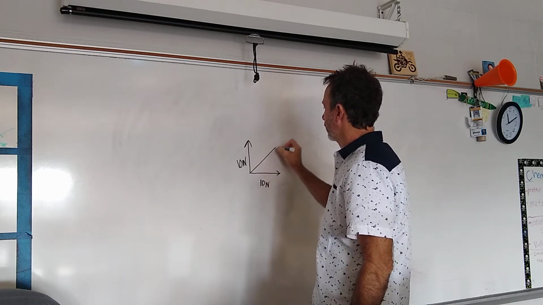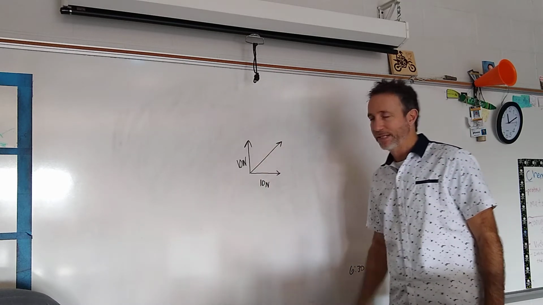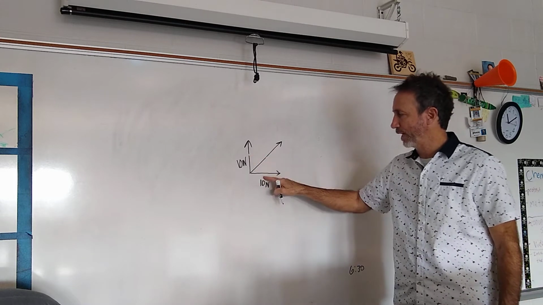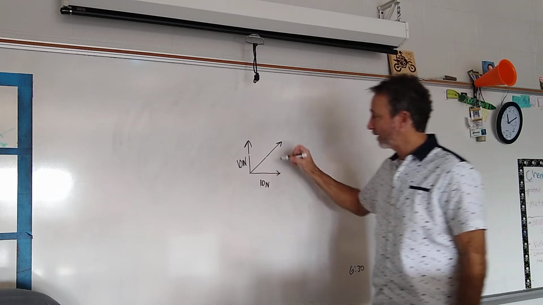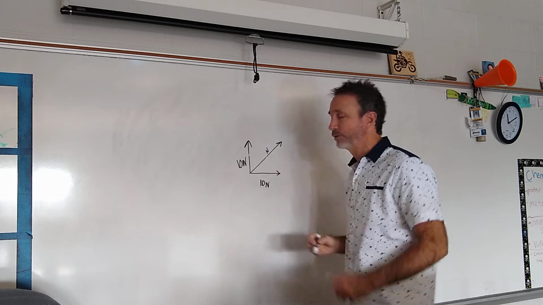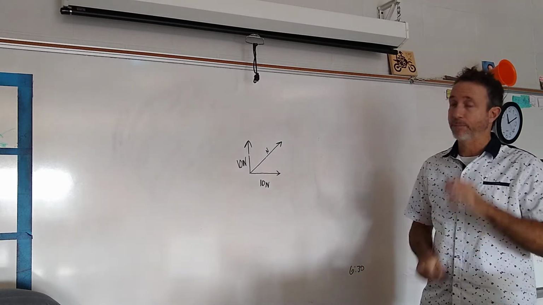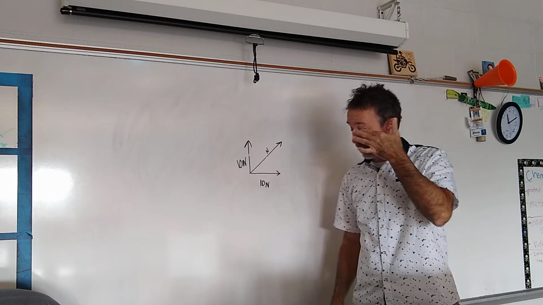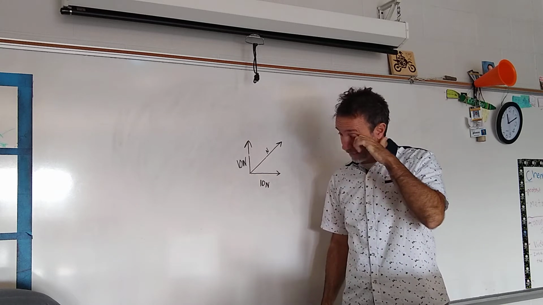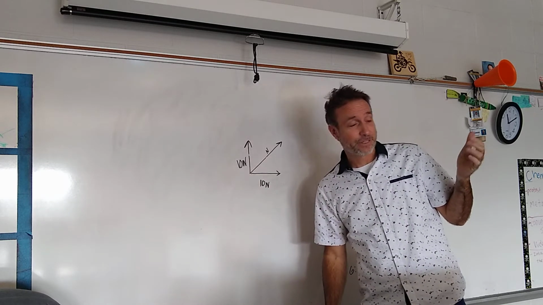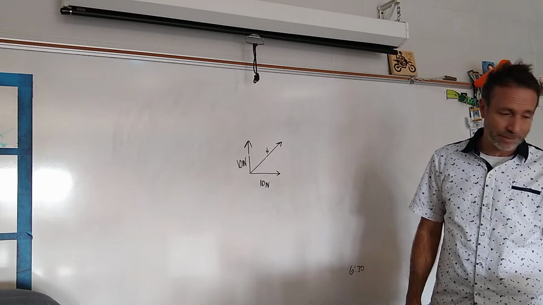Then the resulting motion will be like that. That's the resultant. These two are vectors, okay? And we could very easily solve for how many newtons of force by using, guess what? That's right, Pythagorean theorem. And we'll cover that later as well.